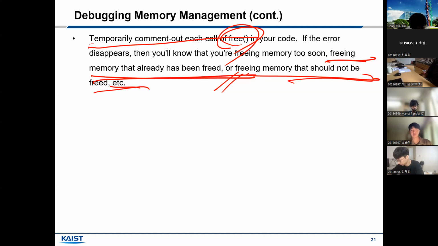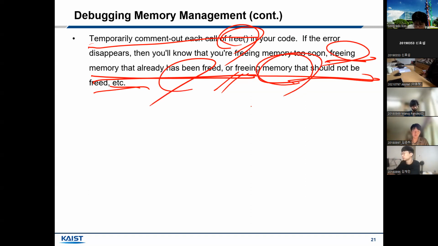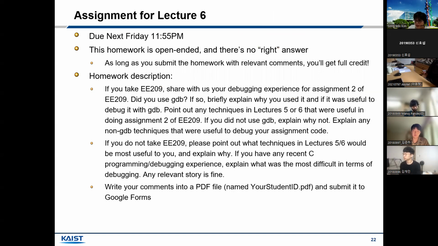So try to comment out each free one by one and see if that removes the error. If so, you're either duplicate freeing it, or you're freeing a memory space that should not be freed. All right, that's it for today.